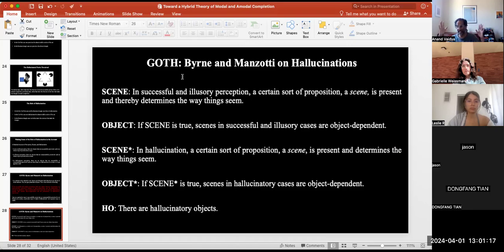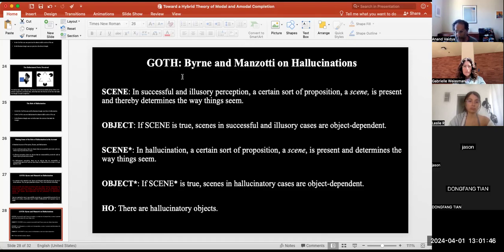They say a seen is the thesis in successful and illusory perception, a certain sort of proposition, a seen is present and thereby determines the way things seem. So a seen is present, and that determines how things seem phenomenologically, right? So the seen is Gabriella's head blocking the pillar behind her, holding up the second floor of the building with an array of bricks holding down the first floor enclosement, right?